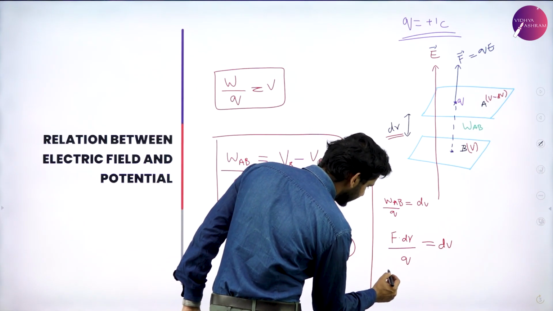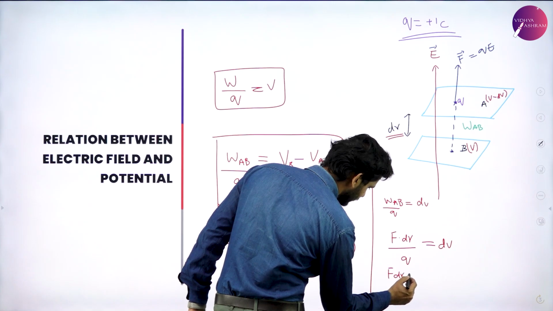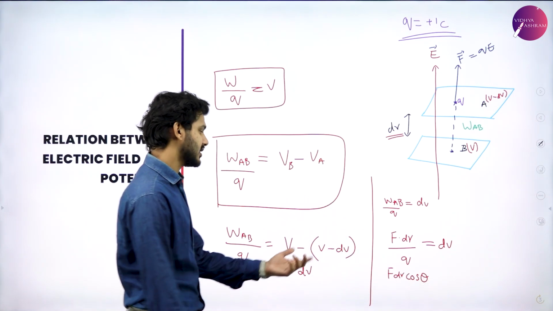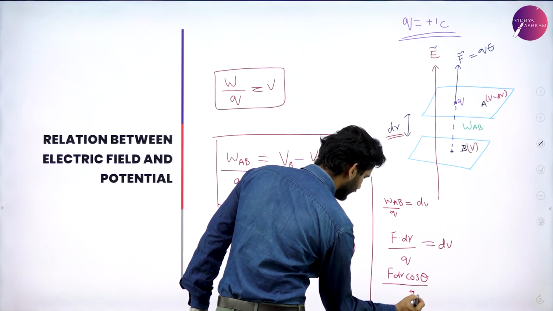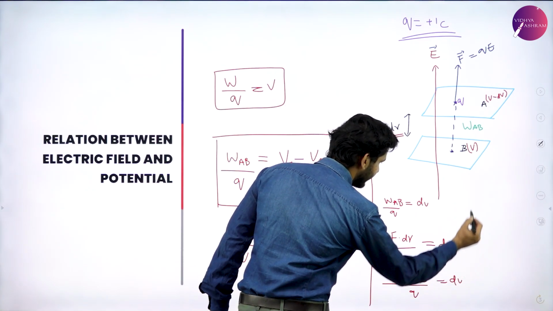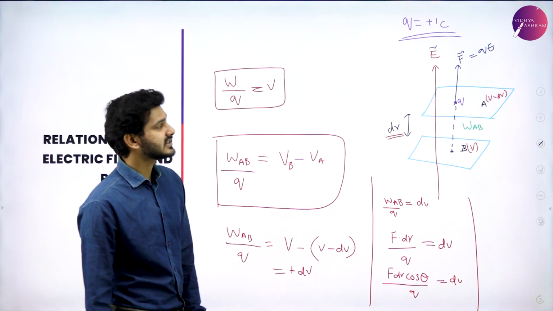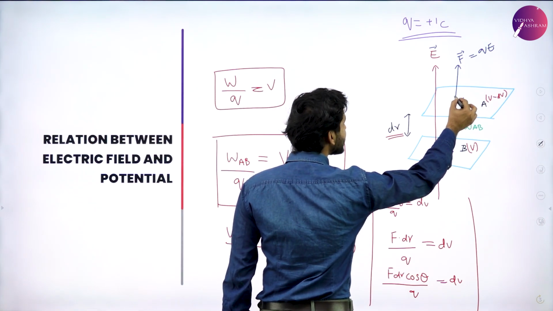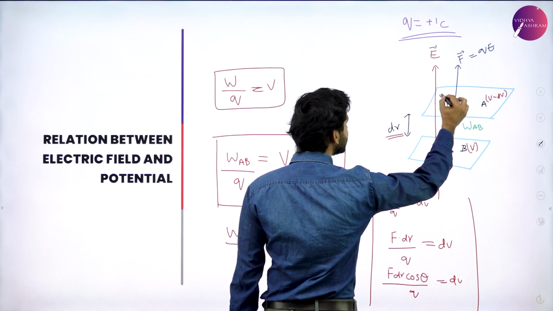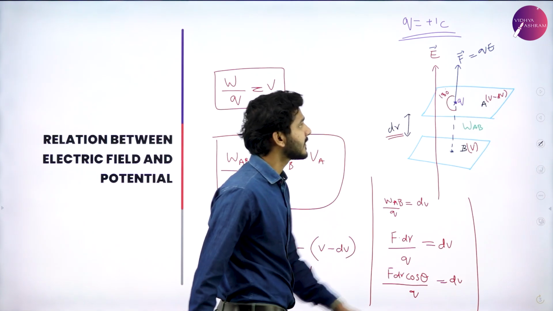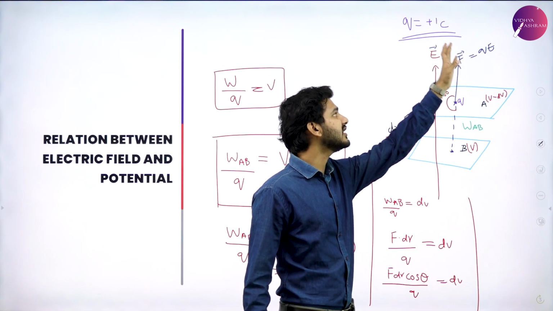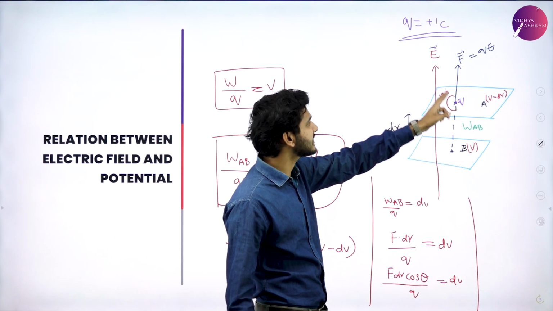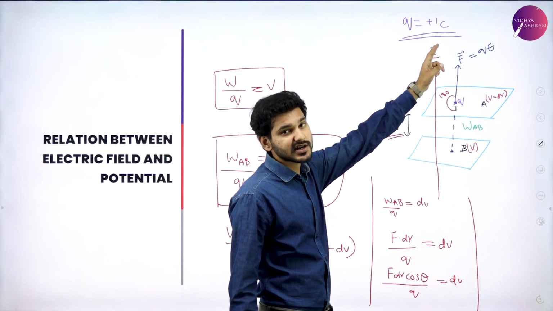F dr cos theta is equal to dV. Now one more consideration is that the angle here is 180 degrees, because of the position of the electric field and the force. So let's say the force applied is in the direction of the electric field.